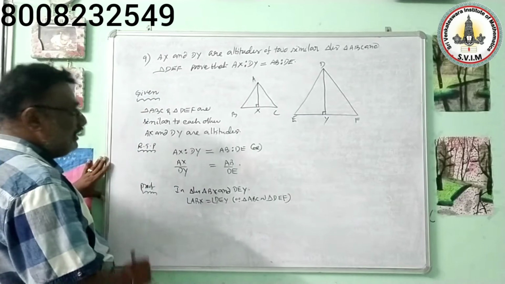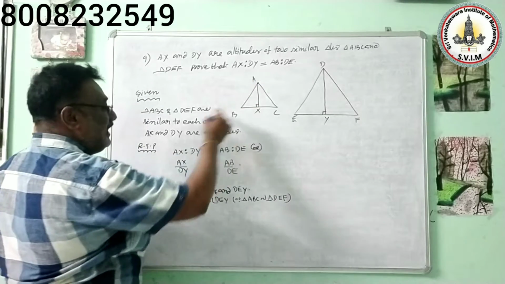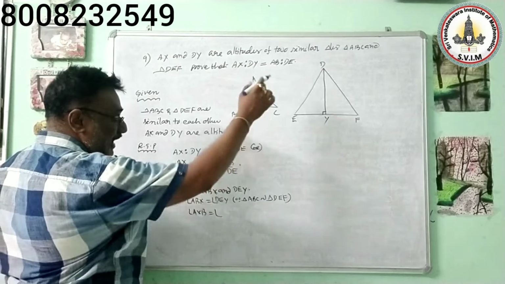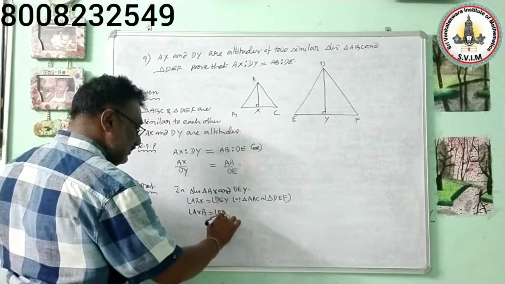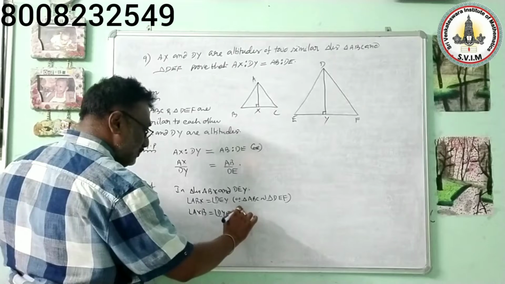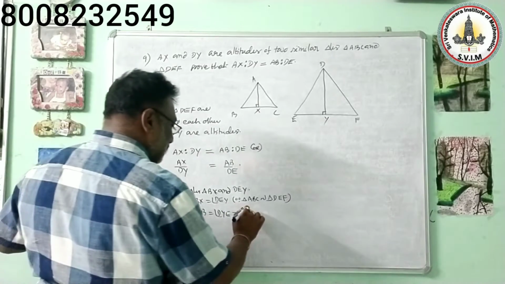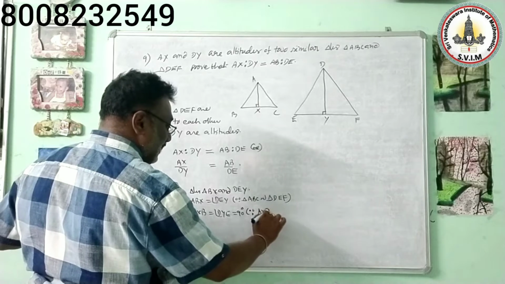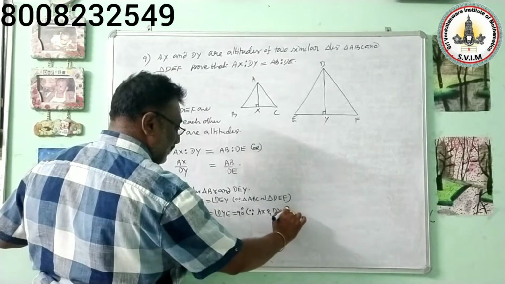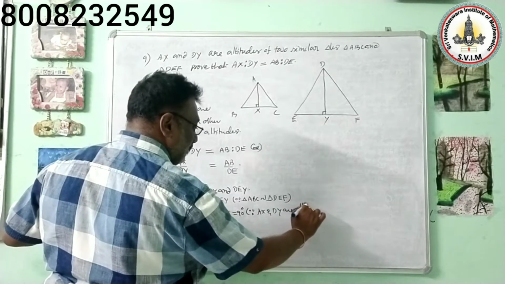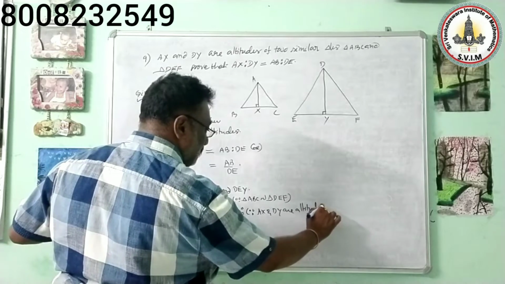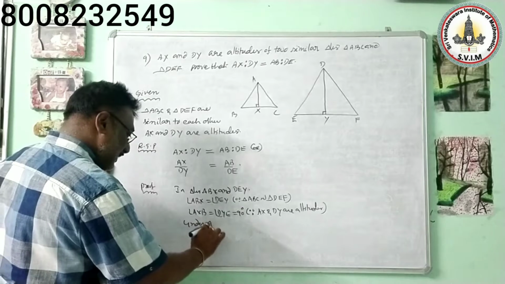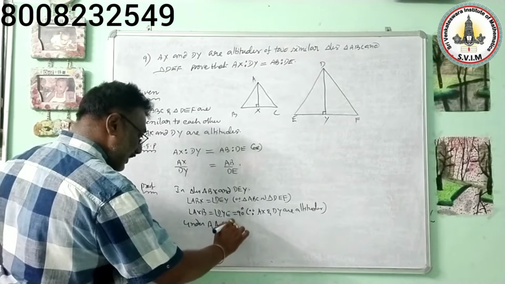That's all. Next, after that, angle AXB is equal to angle DYE, that is equal to 90 degrees, since AX and DY are altitudes.